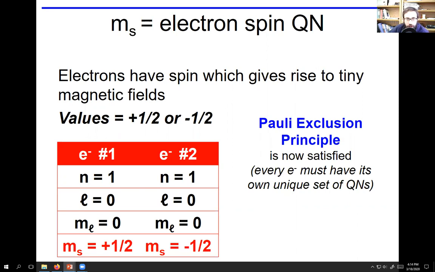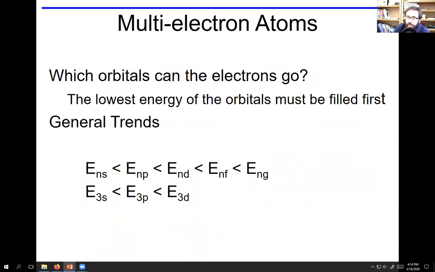No matter what the other quantum numbers are, you can only have plus 1/2 or minus 1/2 for this quantum number m sub s. Now the Pauli exclusion principle is satisfied because electrons 1 and 2 do not have the exact same set of quantum numbers. At least their m sub s's are different.